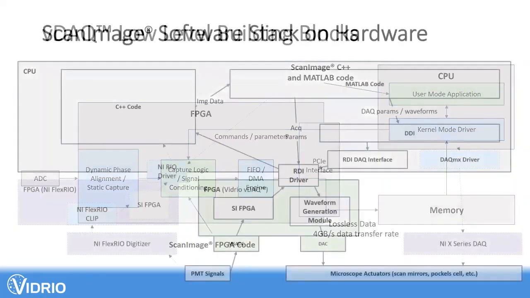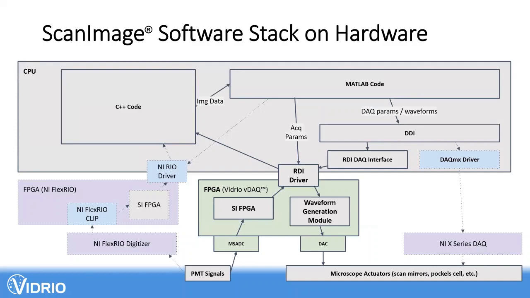So just to summarize that hardware part, you've got the C++ code and the MATLAB code up here in the CPU, running with an interface. For the NI hardware, you've got these two drivers, the NI Rio driver interfacing with the FPGA boards, and then the DAQ-MX driver interacting with the DAQ boards.